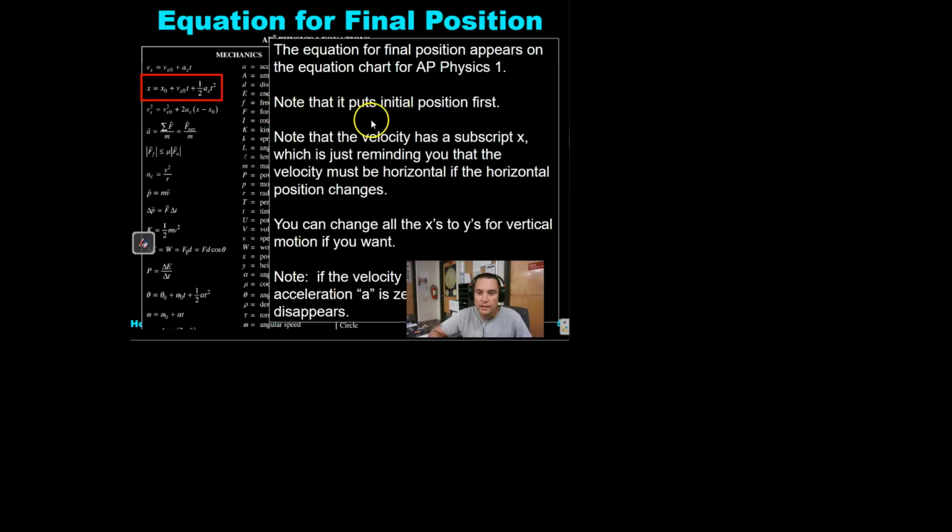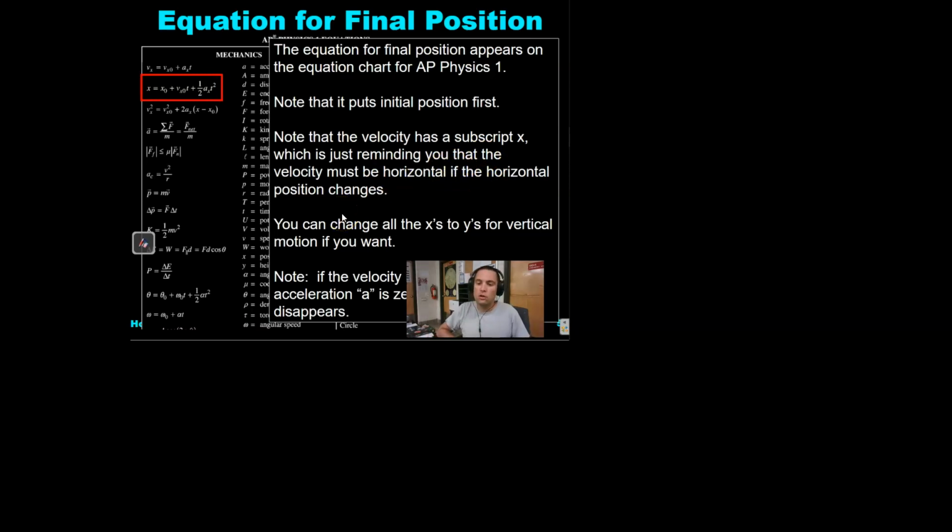And then the velocity has a subscript x, which is just reminding you that the velocity must be horizontal if the horizontal position changes. So if we have motion going horizontally, then our velocity has to be horizontal. We can't calculate horizontal velocity for something doing this. We can do it like this, but that's a little bit trickier and takes a couple more steps, which we'll get to.